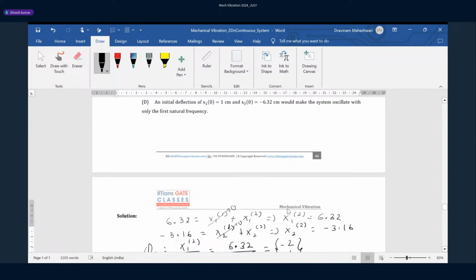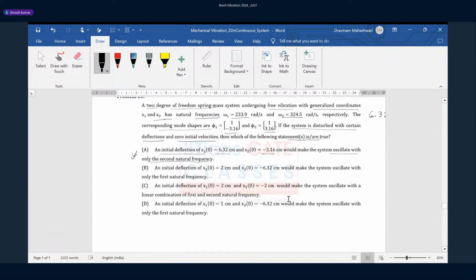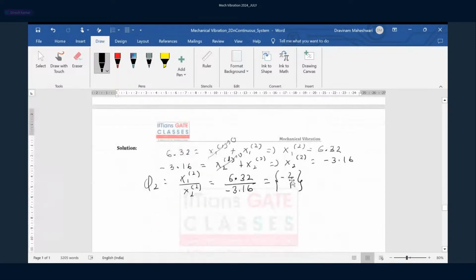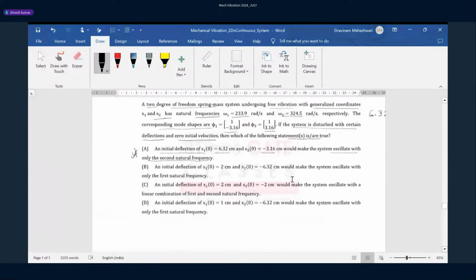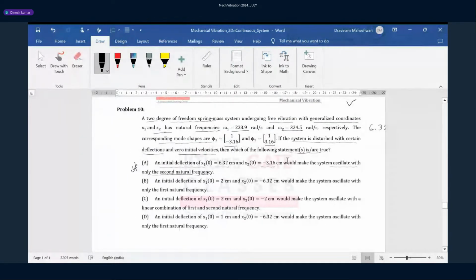So that means option A is not correct. Clear? Because if A is correct, then your phi 2 should not be minus 2, 1. It should be 1, 3.16. Clear? A is not correct. Everybody, is it clear?